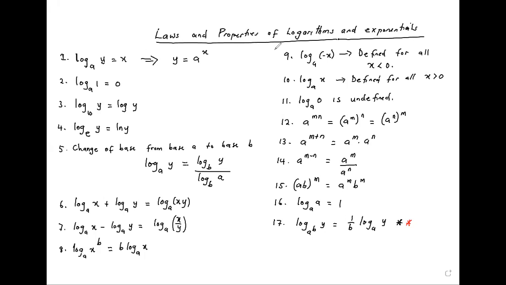If I can add another one, 2 to the power a is not equal to 0 for all values of a. 19.